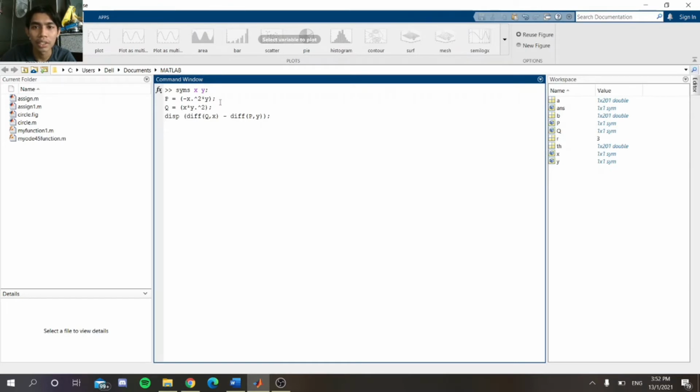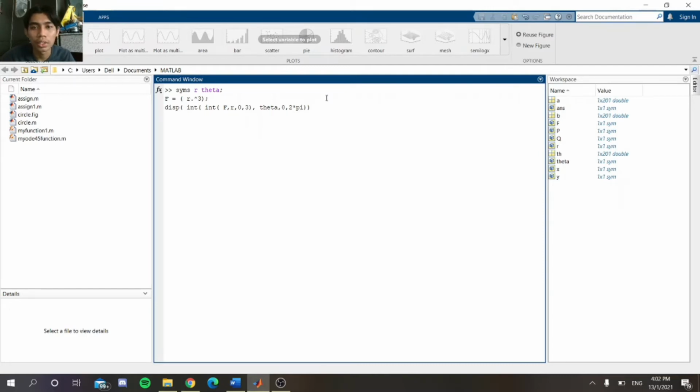Then the function that we need is the derivative of Q with respect to x minus the derivative of P with respect to y. Then we enter. This is our answer, x squared plus y squared. This equation we will need to use in the double integral.